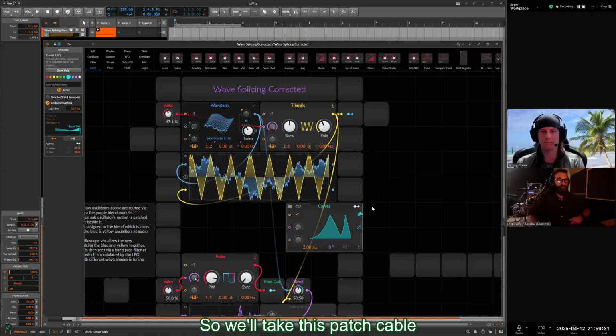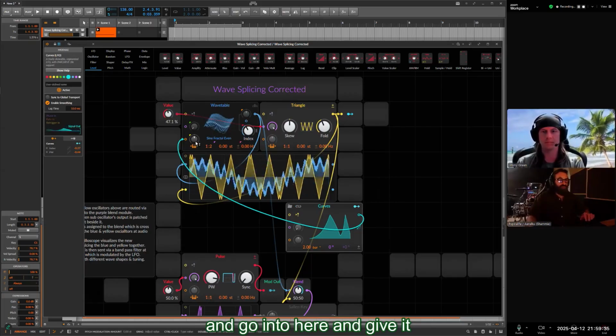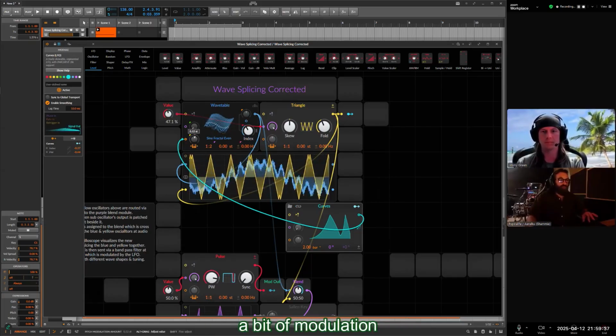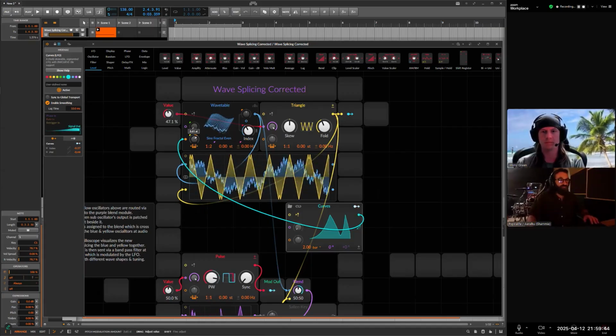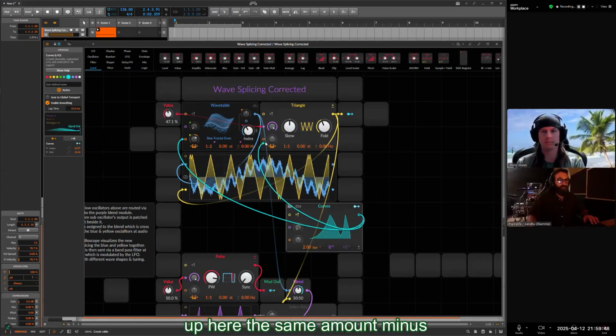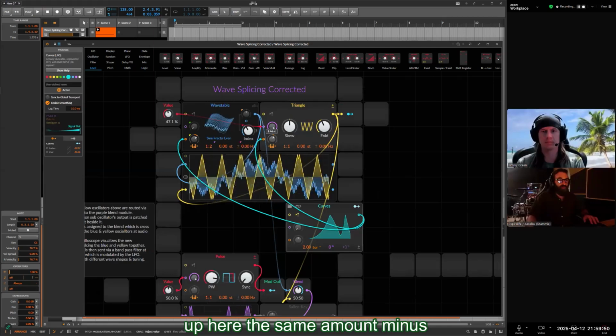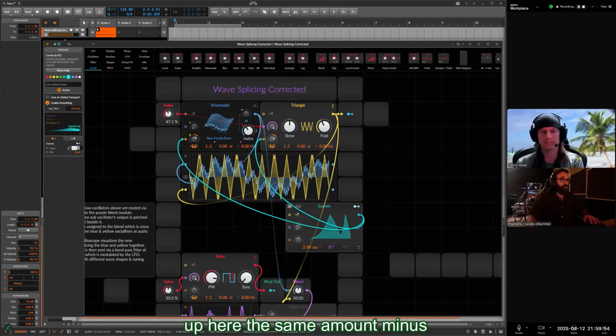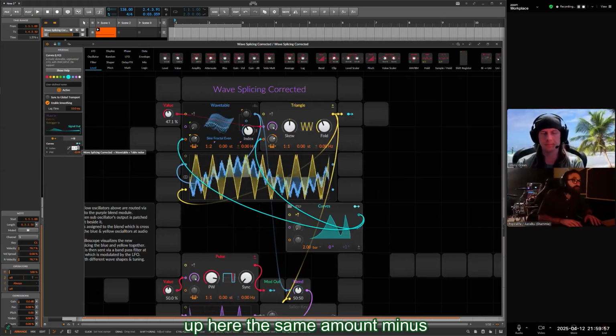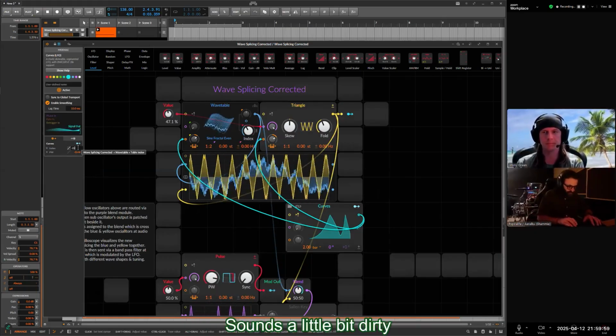So we'll take this patch cable and go into here and give it a bit of modulation. Maybe that amount, and then we'll go up here, do the same amount. Is that minus 0.5?